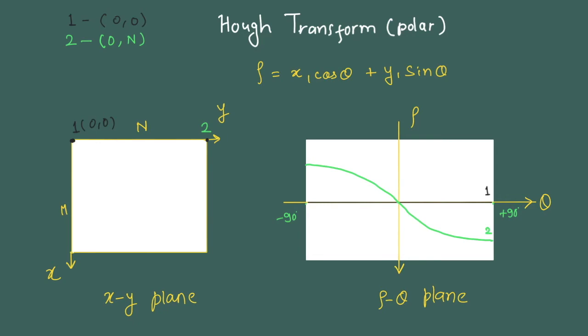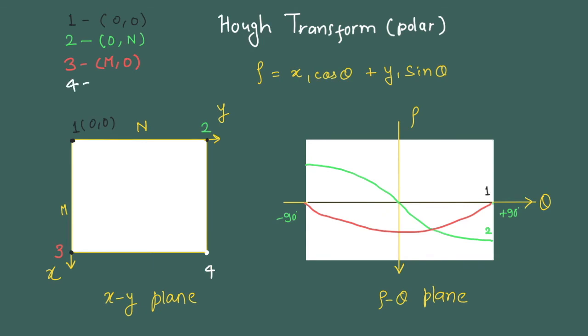Let us have one more point, 3. Coordinates for 3 would be m comma 0. Now rho equation would become m cos theta plus 0. Thus, we will get a cosine wave. Let us take another point, point number 4.